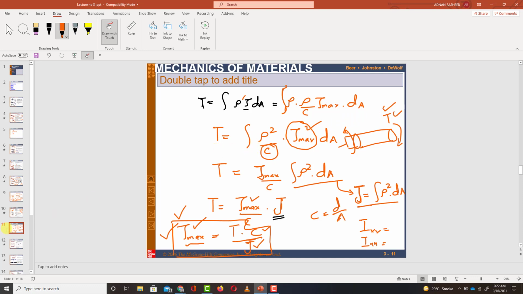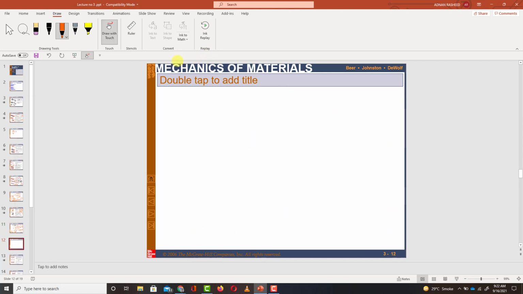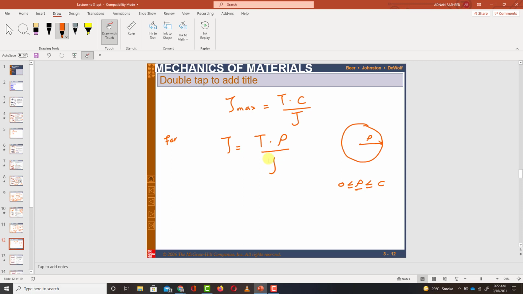Clear? Now again, this tau max is equal to T into c divided by J. This is for the maximum. So if you know that the shaft has a center and a radius rho, and rho is greater than or equal to 0 and less than or equal to c, then for finding the stresses at a variable radius, tau will be equal to T into rho over J. Clear?